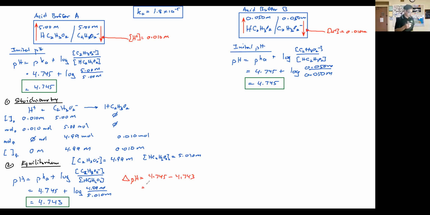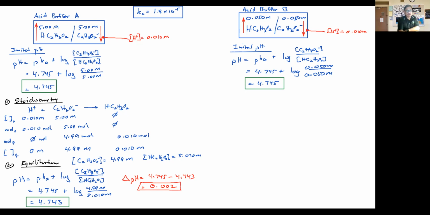That's going to be the change of pH there. 4.745 minus 4.743, I get a 0.002 change. 0.002. That's the change in the pH that occurs when we're using this buffering system right here.